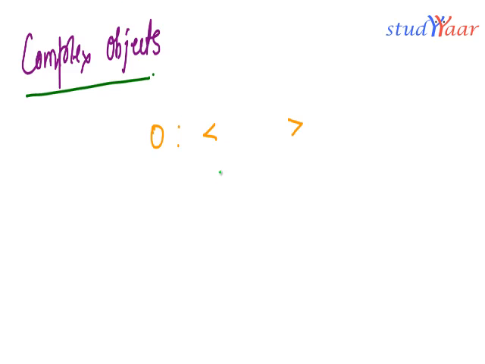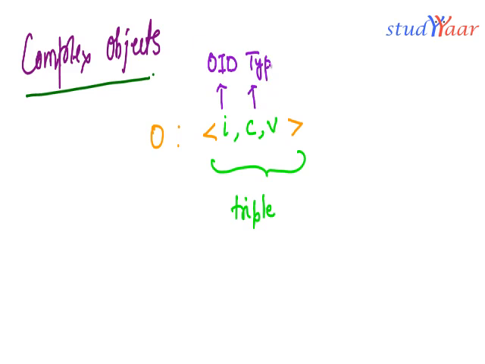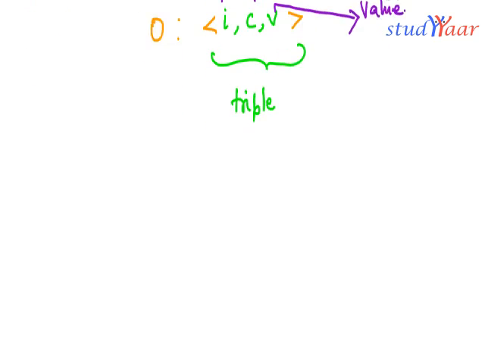We call these 3 elements a triple, and these 3 elements are I, C, V, where I is the object identifier, C is the type constructor, and V is the value of this object. I'll let you know what a type constructor is in a moment.